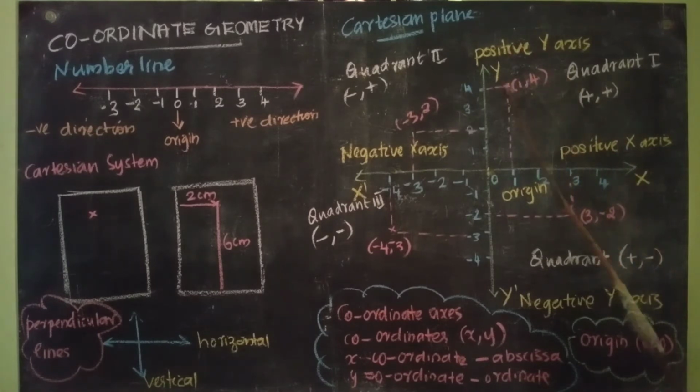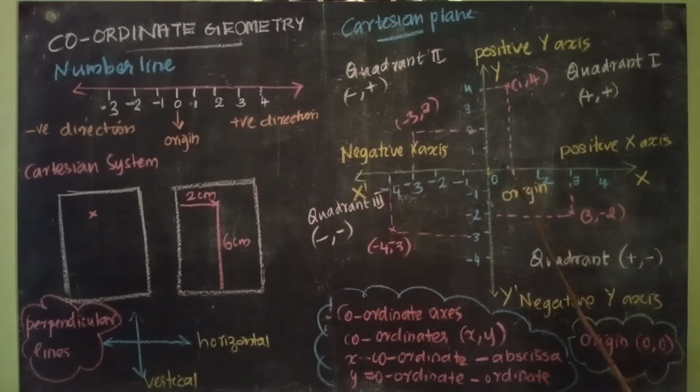Now you can see the point 1, 4. I marked one point here. The first number is 1 and the second number is 4. How can we identify it? You see this point is 1 unit away from the y-axis along the x-axis in this distance. So it is 1 unit away from the y-axis. So first coordinate is 1.